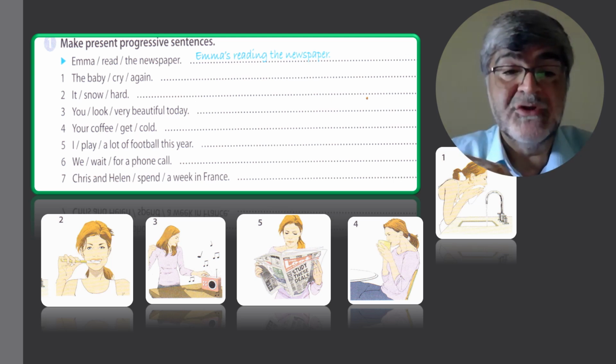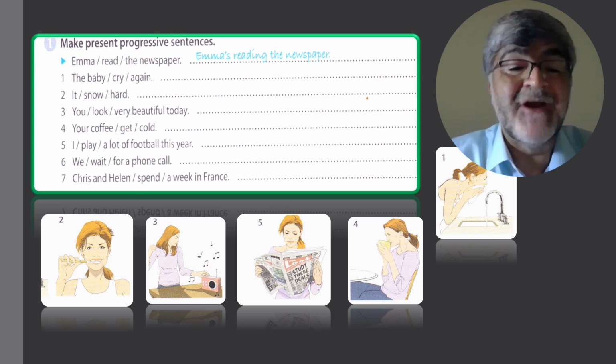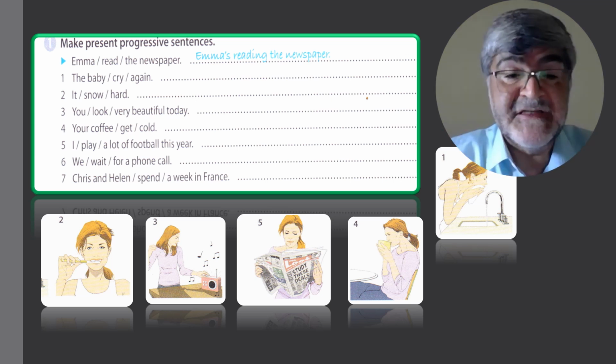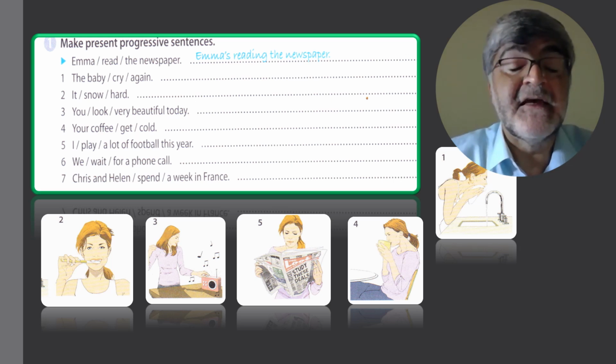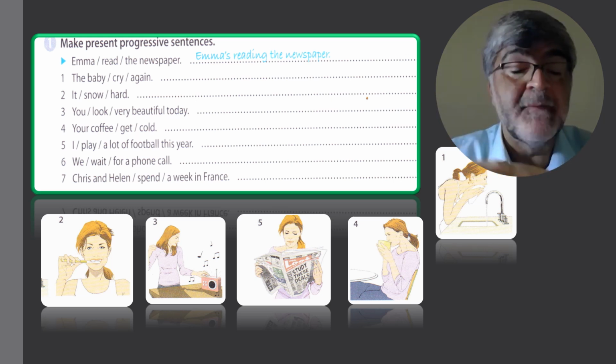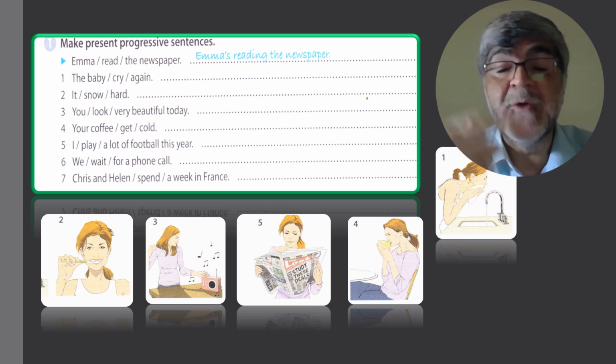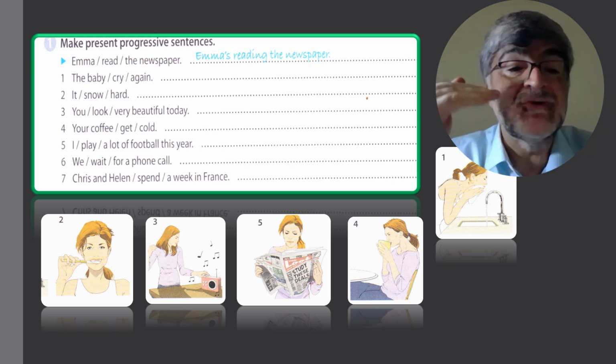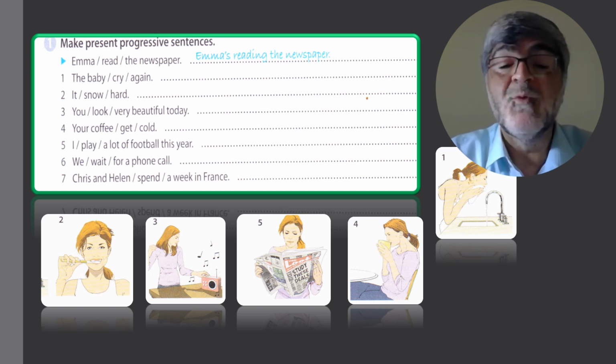You know, as I told you, the most important thing in learning a language is practice. You have to make a lot of sentences, numerous sentences, and then let your mind think about the sentences and learn the rule. And when your mind understands the rule of that sentence, then there won't be any problem.